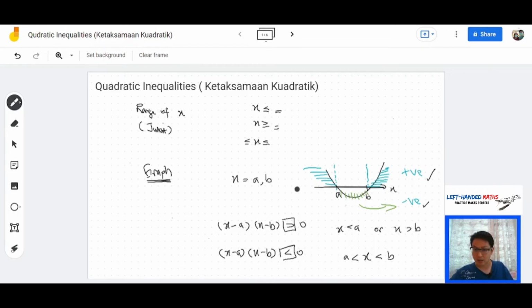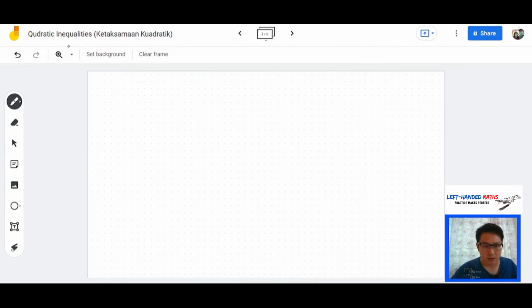Let's go into the examples. After you understand these two important things, let's look at the first example: x squared minus x minus 6 is more than 0. We will do two questions. The other one is exactly the same quadratic, x squared minus x minus 6, but with less than 0. How are we going to solve this?